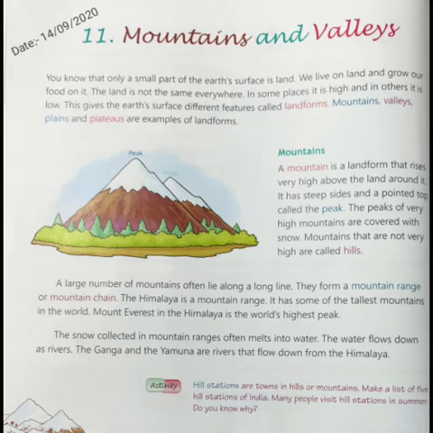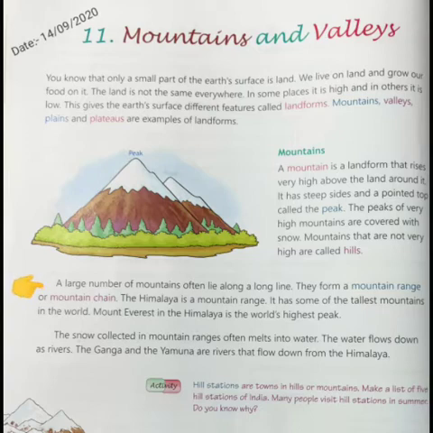A high land with a round top is called a hill, while very high hills with sharp tops are called mountains. Here, tops are peaks of the mountains and hills. Mostly peaks of the very high mountains are covered with snow. That's why these regions remain cold throughout the year.